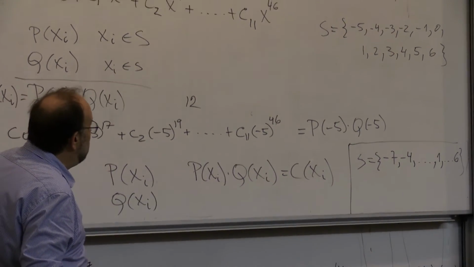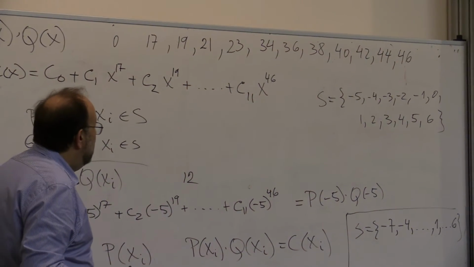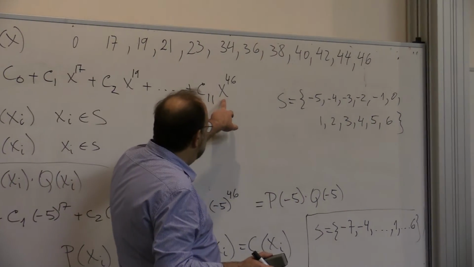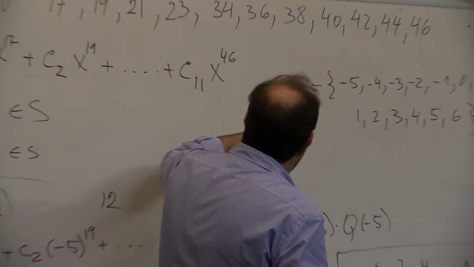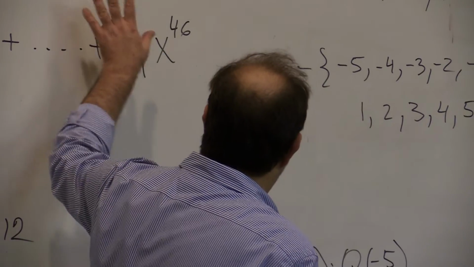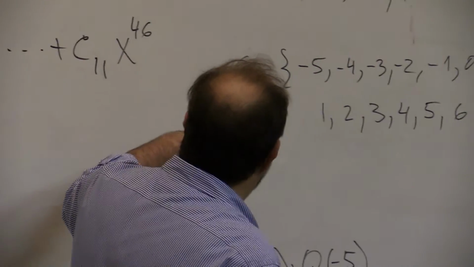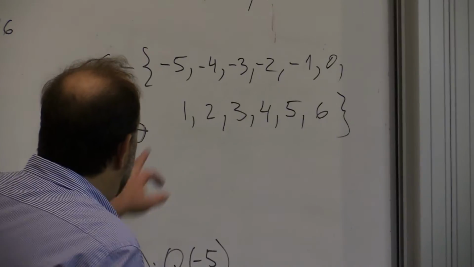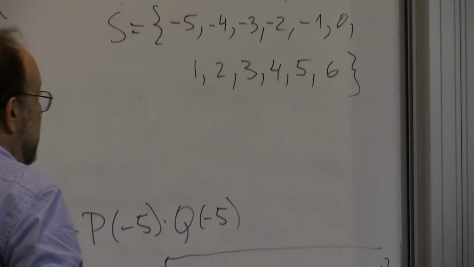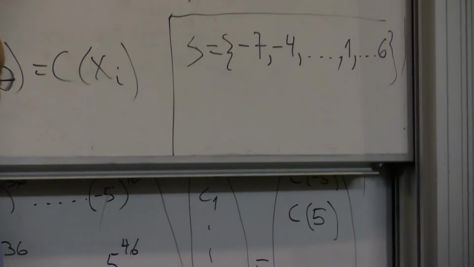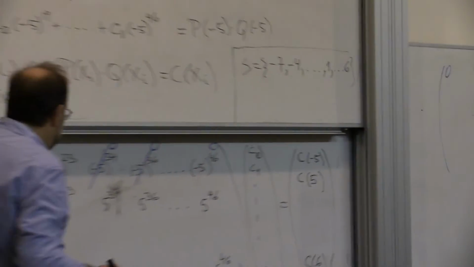But from a practical perspective, look, essentially you have to evaluate polynomials of a large degree. The degree was 23, right? So it will be -5 to the power 23. So this is actually, even though it's a constant, a huge constant.